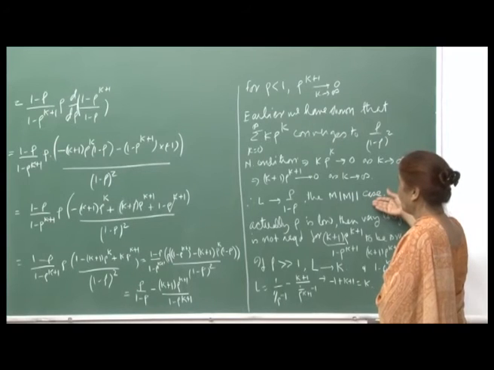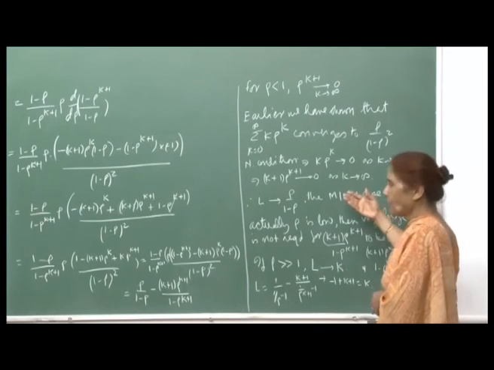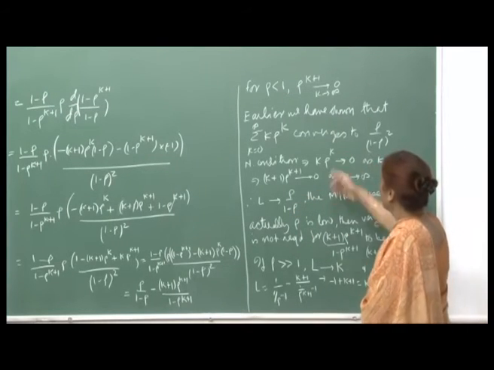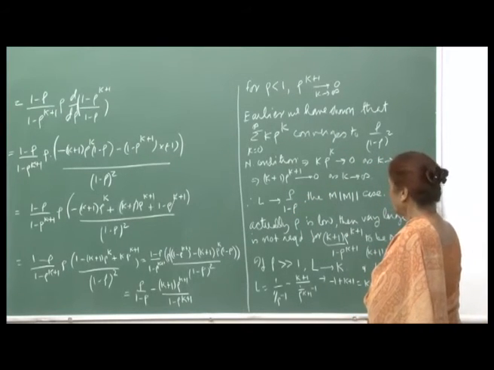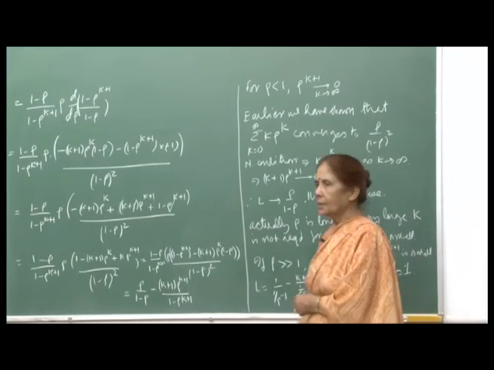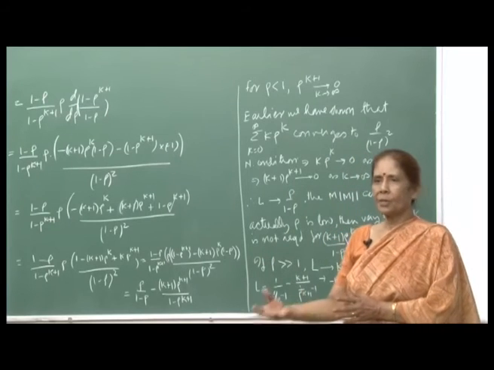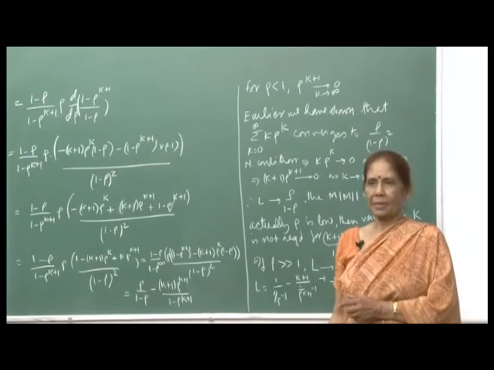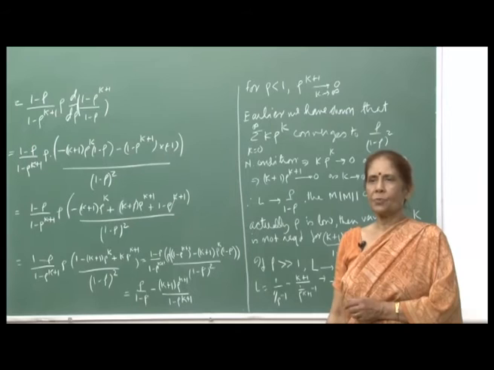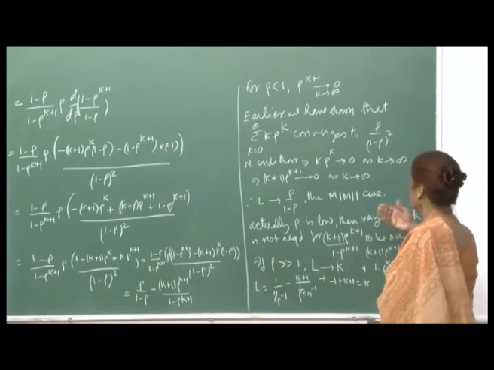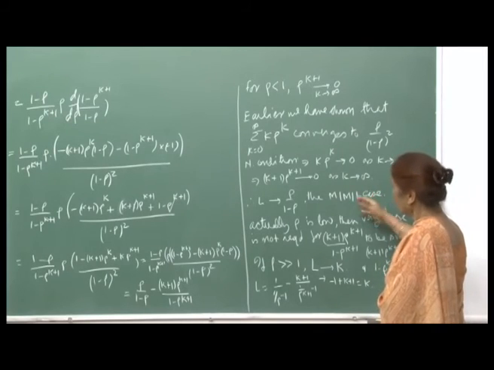So, this validates the MMK case. That means whatever we have derived, the values of L and so on, they are valid in the sense that they correspond to the MM1 case in case your space becomes unlimited. So, as many people as you want can wait to be serviced. In that case it will be the MM1 case.